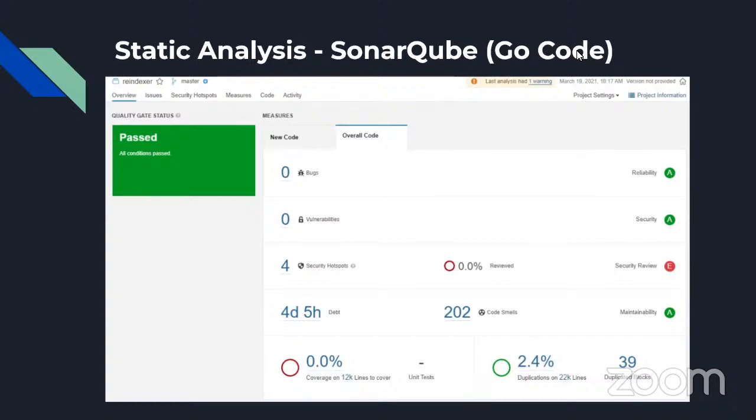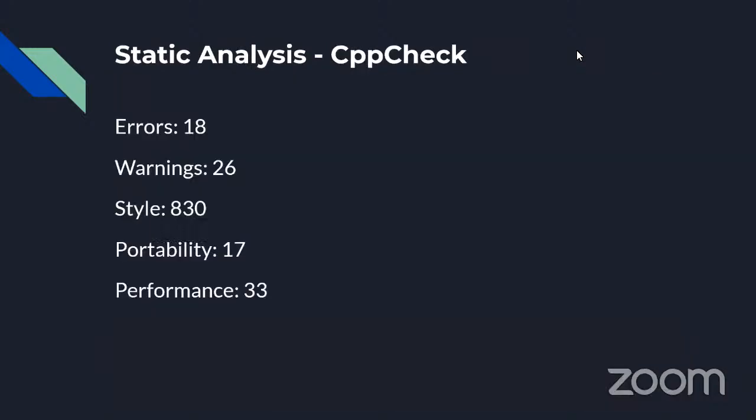For the Go part of the project, SonarQube said reliability is an A, security is an A, and maintainability is also A. We can also see a security review of E, but that's mostly because there is some pseudo-random in the tests part of the Go code. And let's move to CppCheck. That's for the other part of the project.